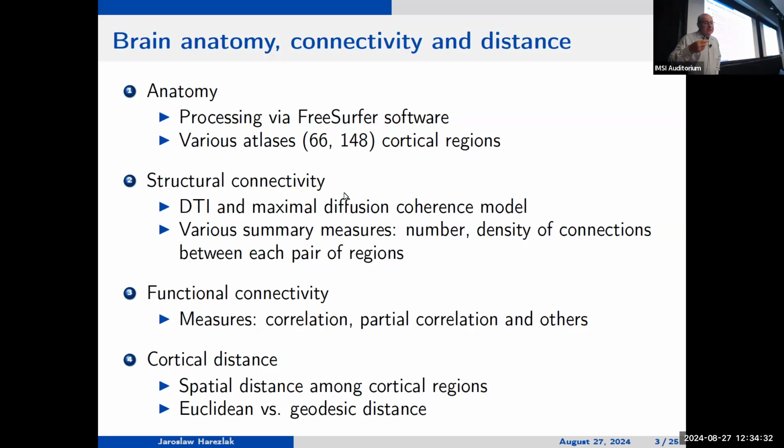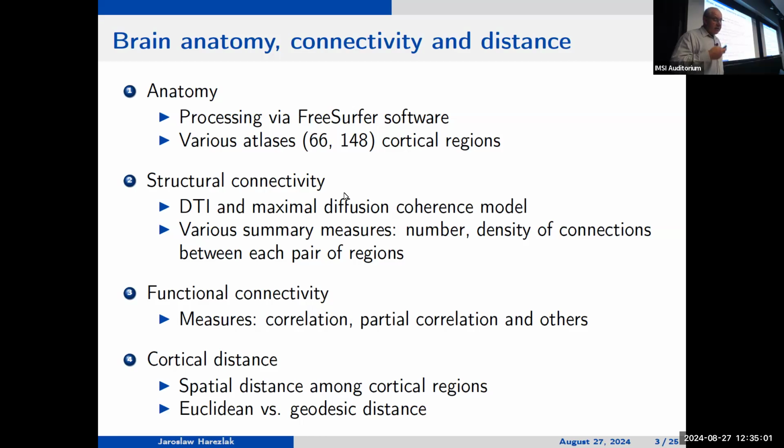For example, for anatomy, we usually use FreeSurfer now, with parcellations going into hundreds, 200, 300, up to 1,000. Hopefully FreeSurfer will go there, but so far we're using the cortical Destrieux parcellation with 148 parcels. With structural connectivity, again, I have a good collaborator whom I will mention at the end, and he's processing this data.